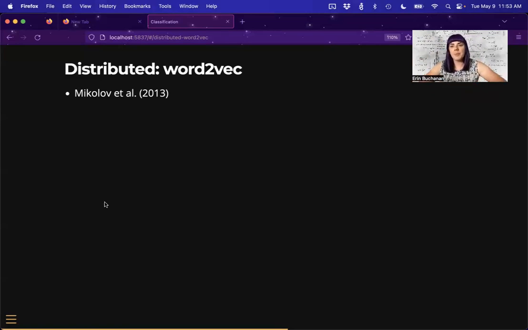But one thing I really like about Word2Vec is that it's fairly easy to implement using Gensim. And it's also 10 years old, which makes me feel weird. I feel like it just came out, but it really is good at representing context.